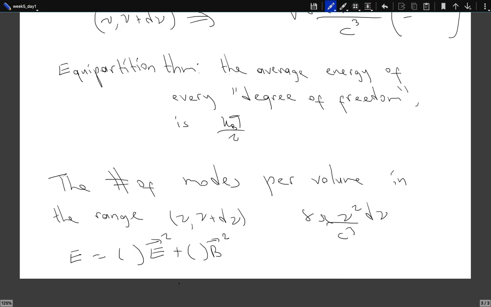This is the energy. What is meant by the degree of freedom over there is just the number of squared terms in the energy. There's 1, there's 2. So for electromagnetic radiation, each mode actually has 2 degrees of freedom.